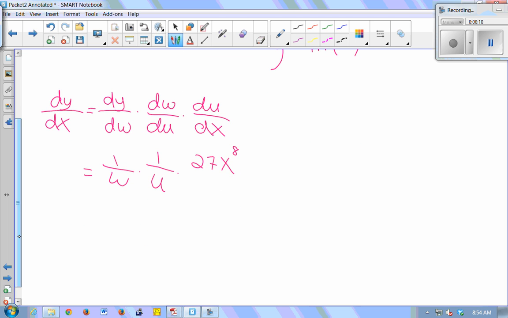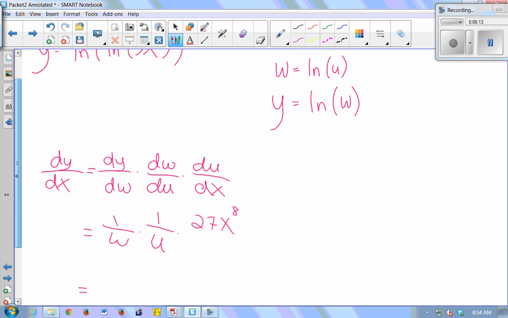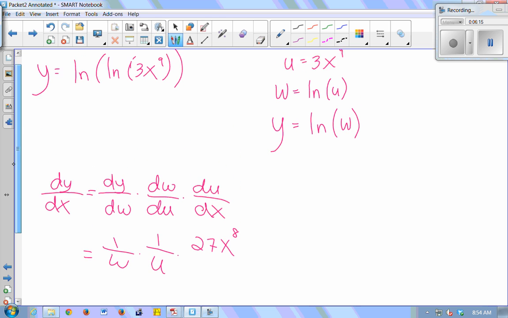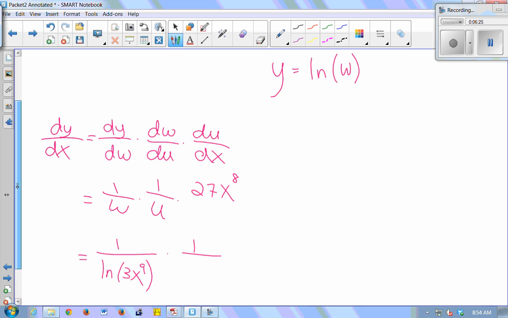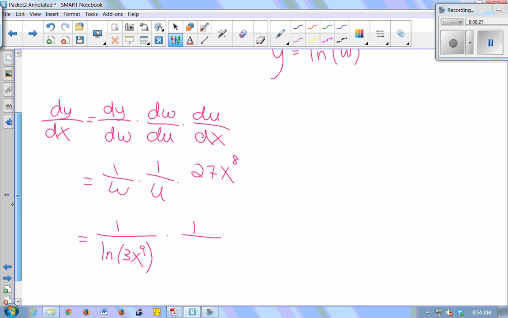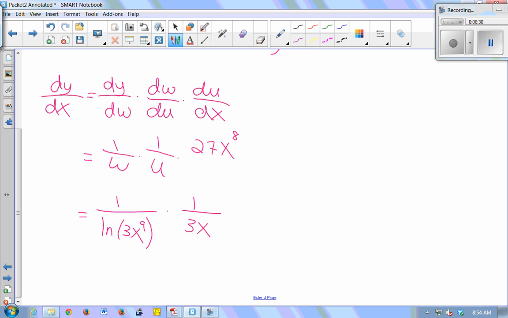And then you go back and make your substitution, right? W is really the ln of 3x to the 9th. U is really 3x to the 9th. Then I have 27x to the 8th. So this is exactly what I got when I was just thinking about take the derivative of the outside, evaluate it at the inside, multiplied by the derivative of the inside.